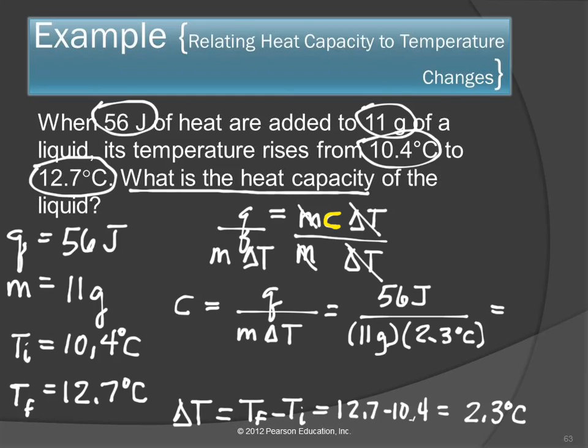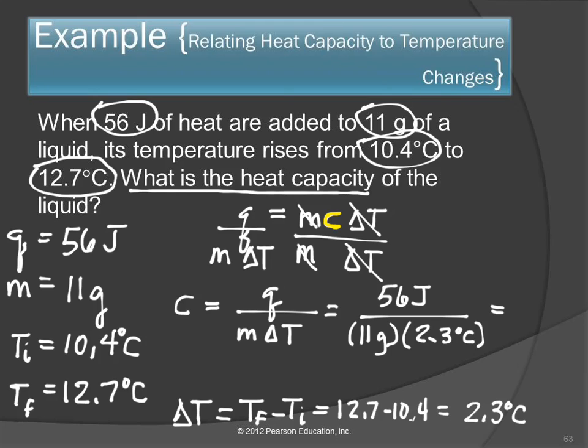Check the units. None of those cancel out, do they? We're going to have joules over grams degrees Celsius. But that's okay, because those are the units of heat capacity. So 56 divided by 11 divided by 2.3.